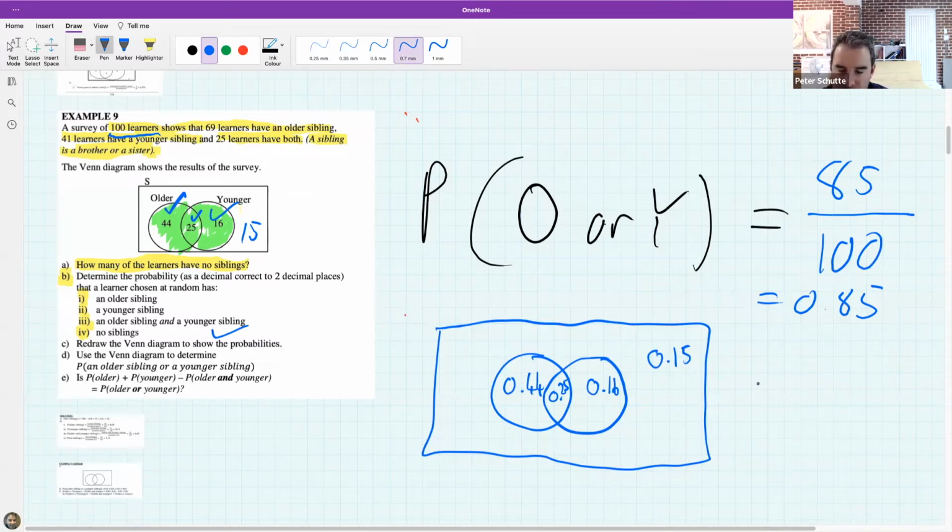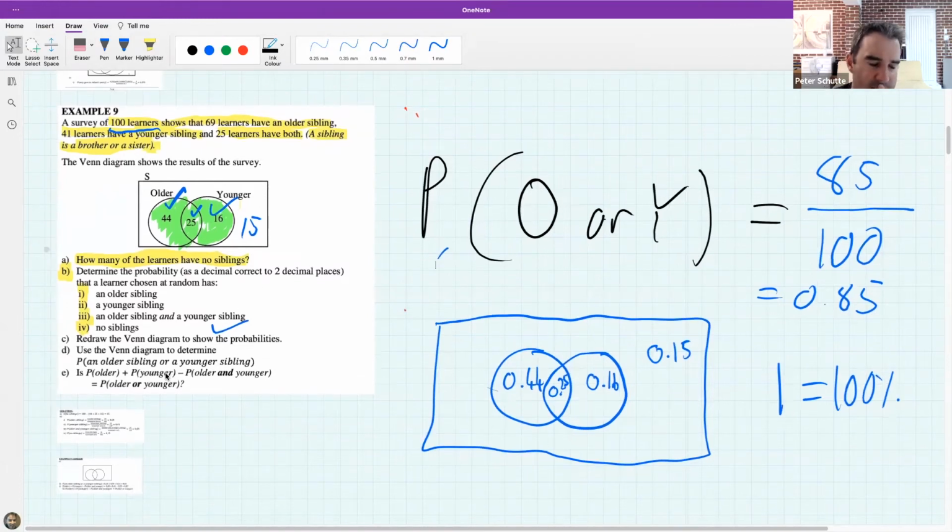So if you add them all up, it's going to be 1 or 100%, because there's 100% chance you will get one of these types of students in your group. When you add probabilities, it will always add to 1 because it must be one of the possibilities in the end. Okay, we'll go back to that at a later stage.